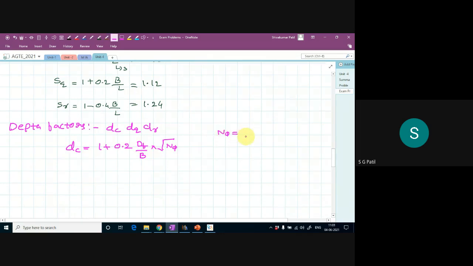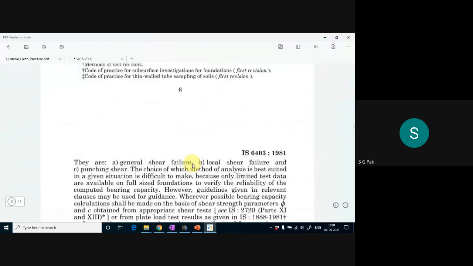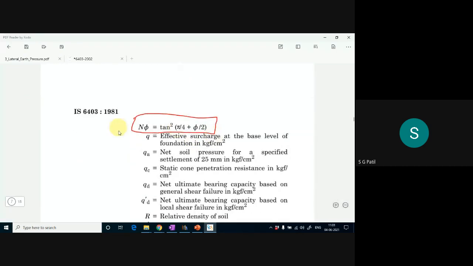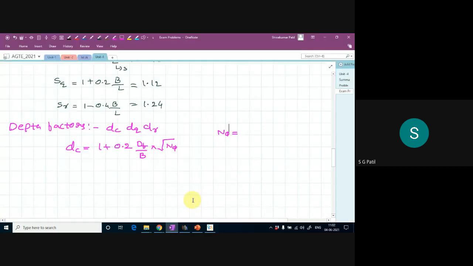N phi is nothing but, if you go here, N phi equal to tan square of pi by 4 plus phi by 2. So N phi is equal to tan square of pi by 4 plus phi by 2. Since N phi is nothing but tan square, this square and square root will get cancelled.